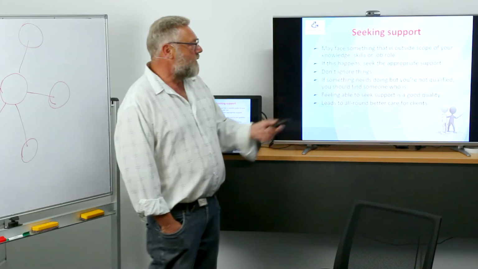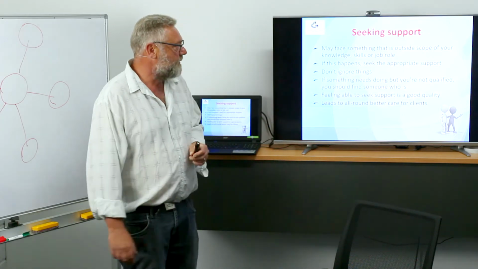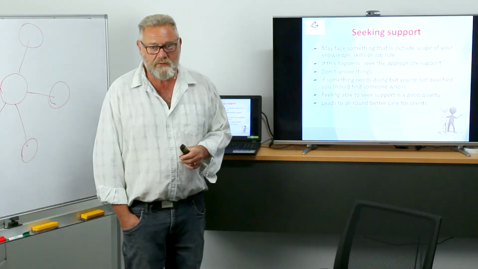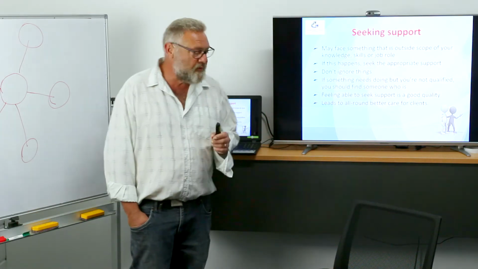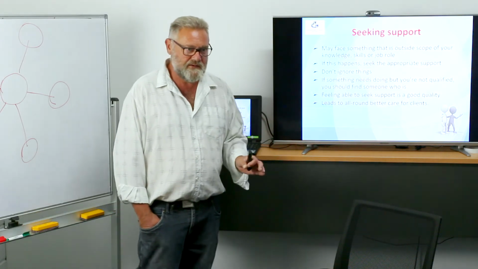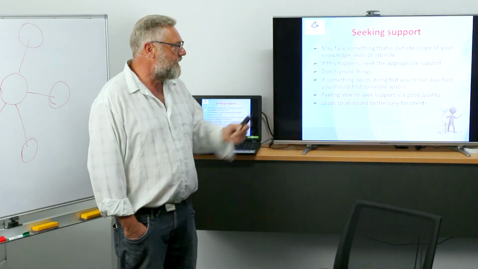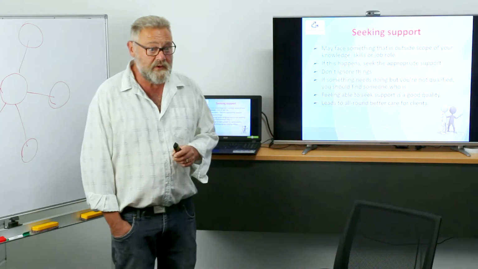Seeking support. So we may face something that is outside of our scope, knowledge, skills, or job role. If that happens, we look for the appropriate support. We don't ignore things. If something needs doing but you're not qualified, you should find someone who is.